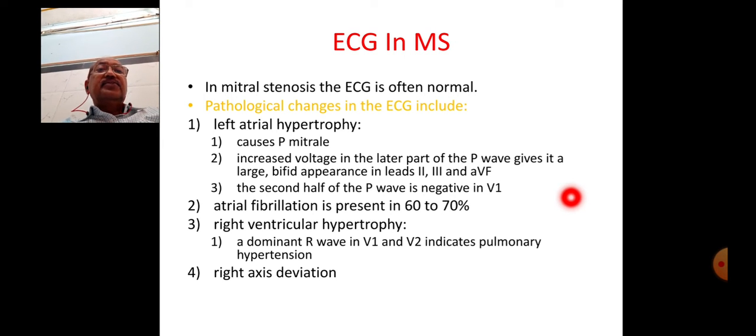ECG in mitral stenosis I have already elucidated earlier. It could be normal or it may show pathological changes in the form of left atrial hypertrophy causing P mitrale, or increased voltage in the later part of the P wave gives it a large bifid appearance.